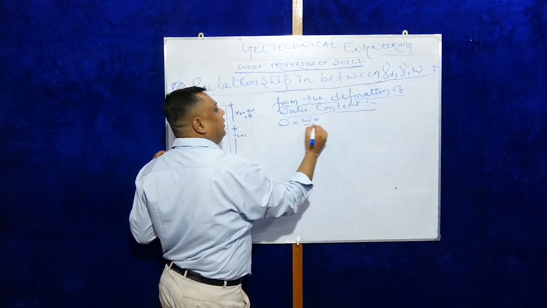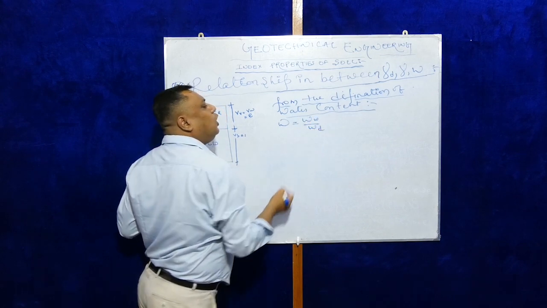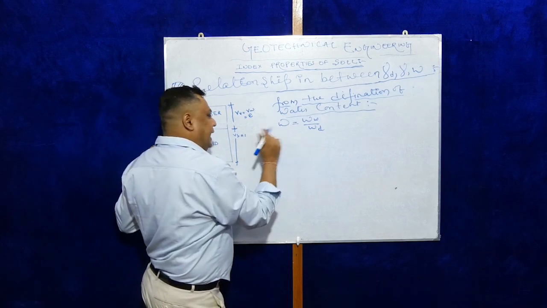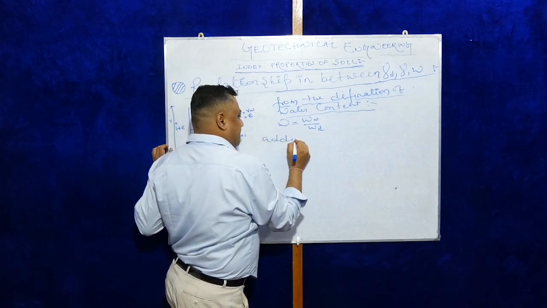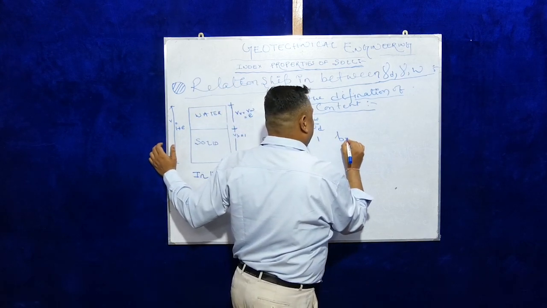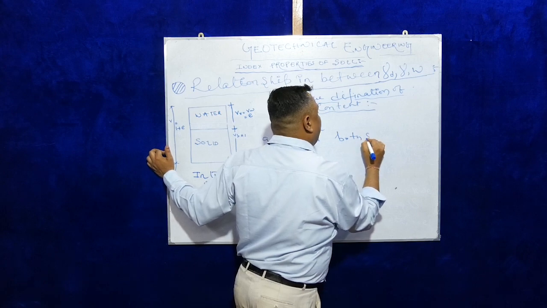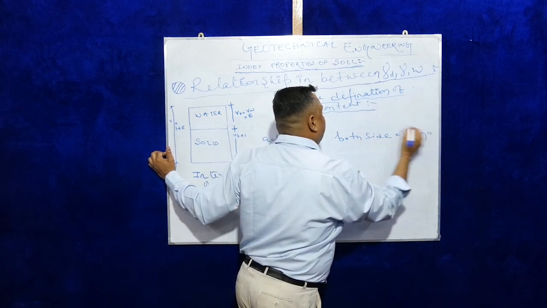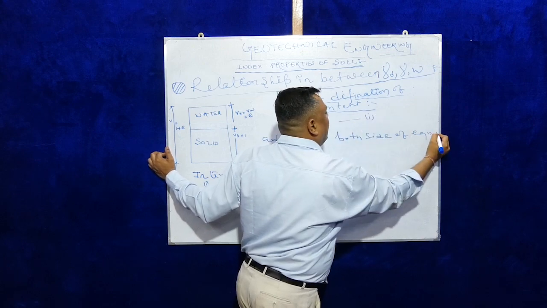Water content of soil is equal to the ratio of weight of water to the weight of soil solids. Now adding 1 to both sides of this equation, make it equation 1.